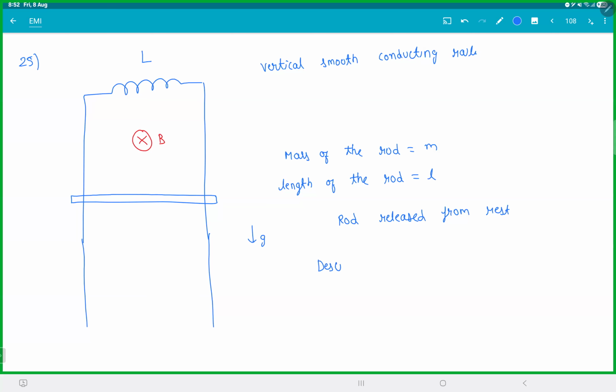Describe the motion, and find the position at time t.